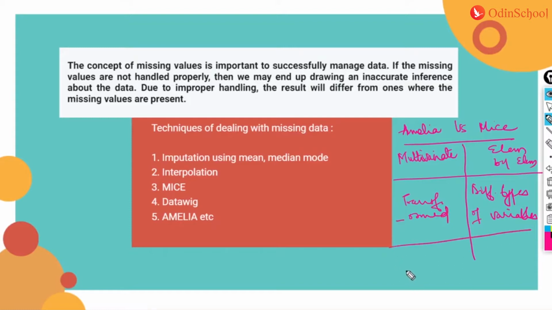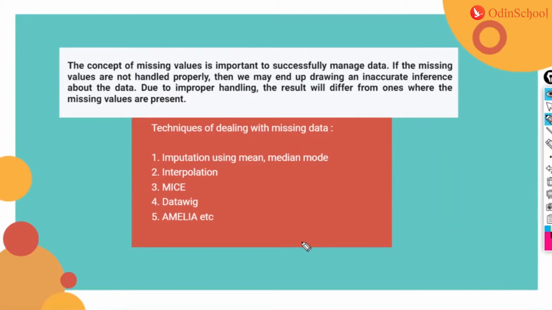And finally, mice can manage imputation of variables. Whereas when you're talking about Amelia, it is not like that. All right, so guys, these are the few differences that we have between each of them.